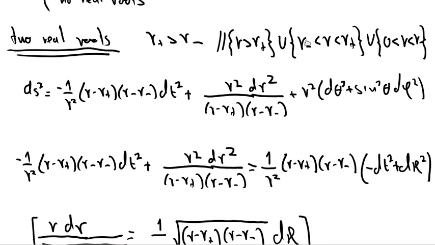At r equal to r minus or r equal to r plus, coordinates break down, and so we need to consider each of these regions separately. But this will come in a minute.